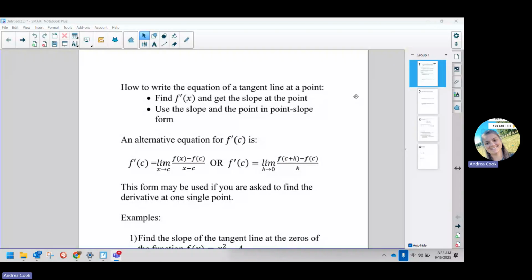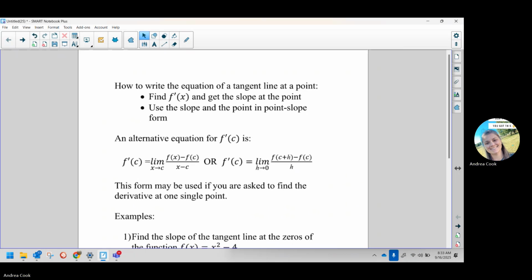Equations of tangent lines. Yesterday we learned that a tangent line at a point is a derivative. So to write the equation of a tangent line, you have to first find the derivative.